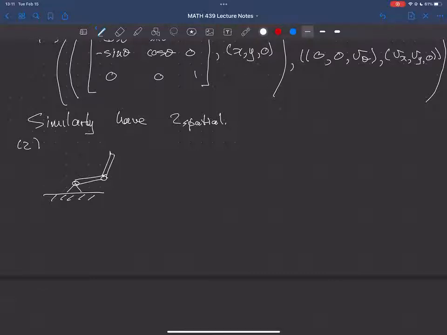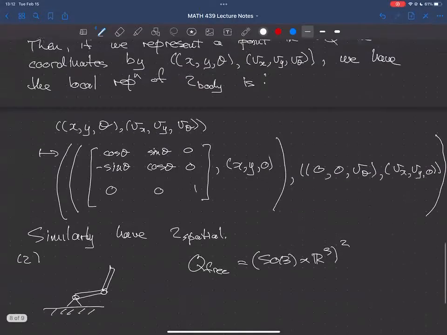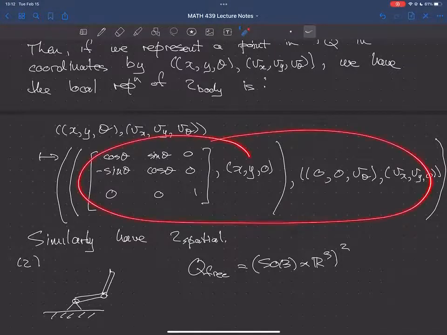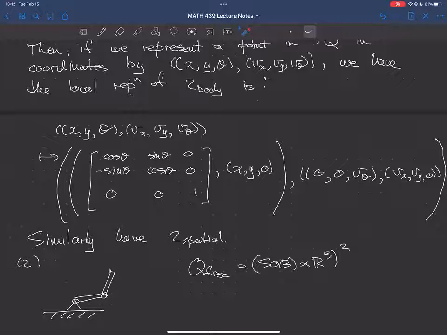Here we had Q free equals SO3 cross R3, like so. In the simple example, because I had only one body, I took the time to assemble all of these things into their big, long, concatenated list.